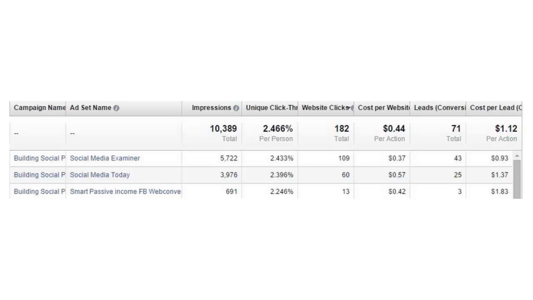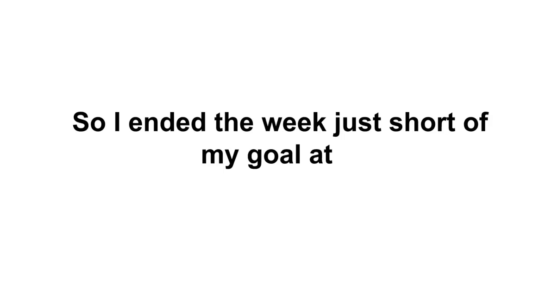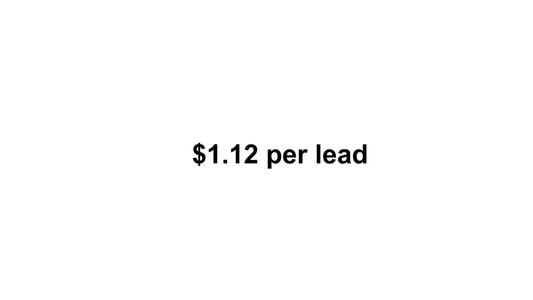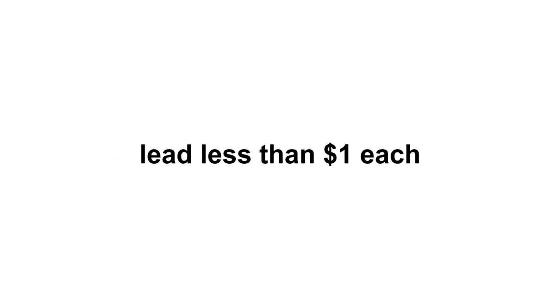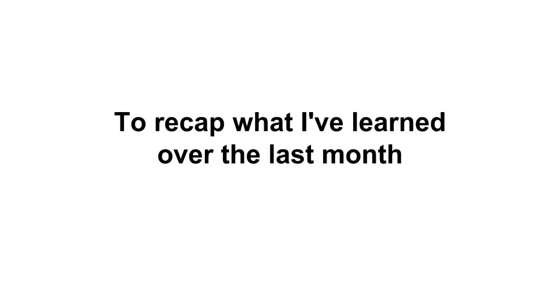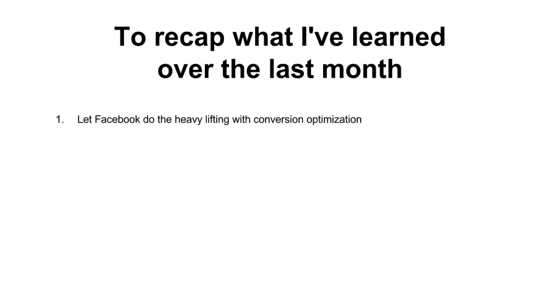But my cost per lead is $1.12, and honestly, I was pretty fired up about that. So I ended the week just short of my goal at $1.12 per lead. But I know by optimizing my campaign in this way, I will be able to get my cost per lead less than $1 each.